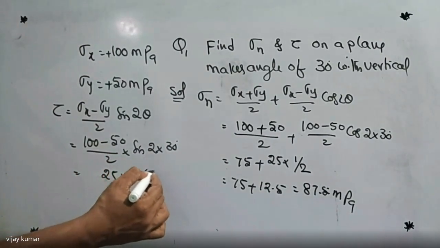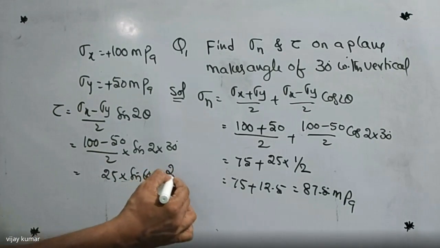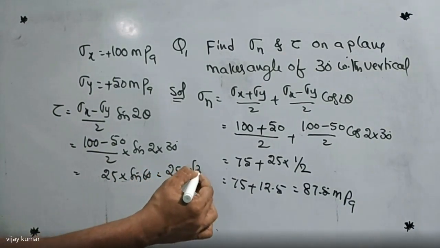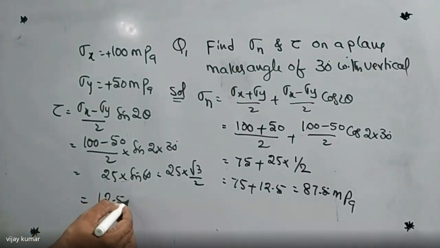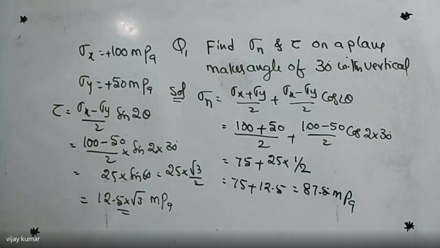Sine 60 is root 3 by 2. So I can write 25 into root 3 divided by 2, then 12.5 root 3 megapascals. So this is the value of shear stress. And the earlier one is the value of normal stress on a plane which makes an angle of 30 degrees with the vertical plane. Did you get my point?